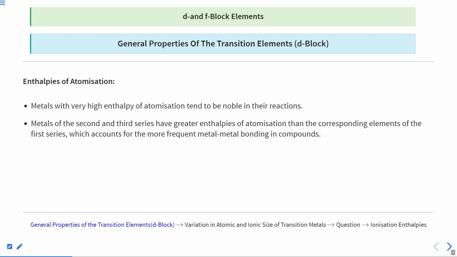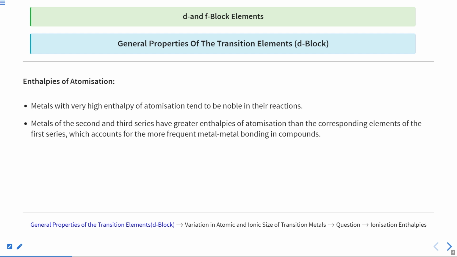Now, what is the meaning of this? The second and third transition elements have their electrons in the more outer shells as compared to 3d, the first series. What happens as a consequence? Their electrons can be easily moved from the valence band to the conduction band.